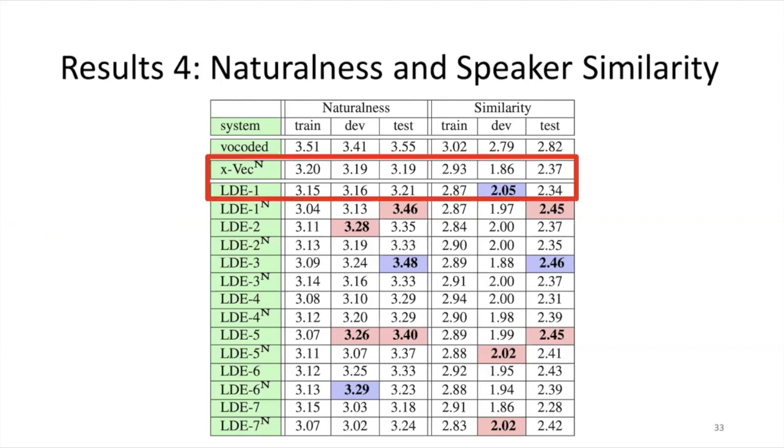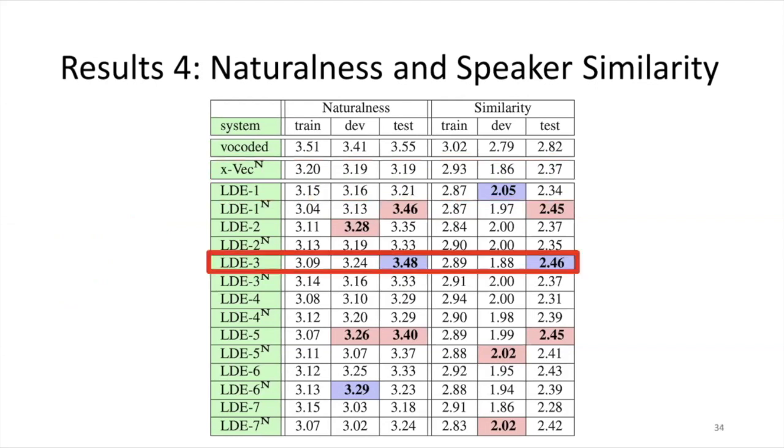Some observations. In general, the LDE embeddings achieve better results in terms of naturalness and speaker similarity compared to the baseline x-vectors. We can also see from the table that LDE3 achieved the highest synthesized quality in terms of naturalness and speaker similarity, which is consistent with our speaker verification experiment.